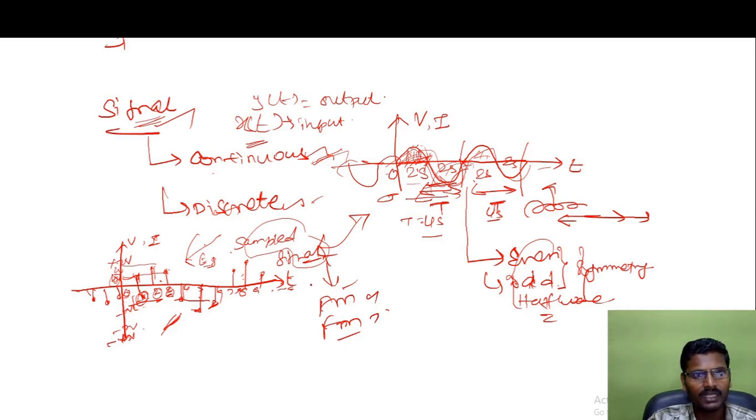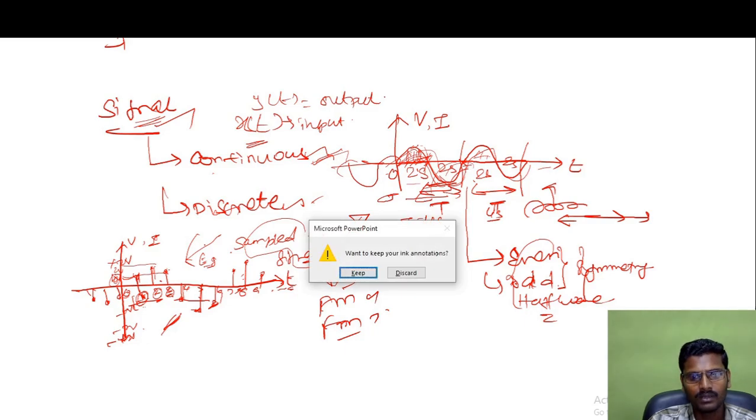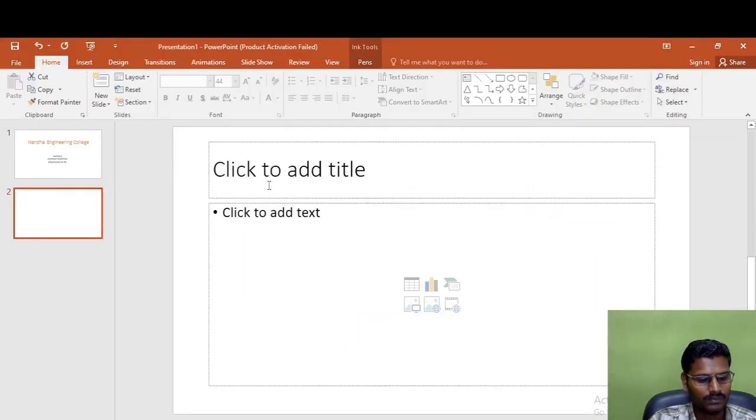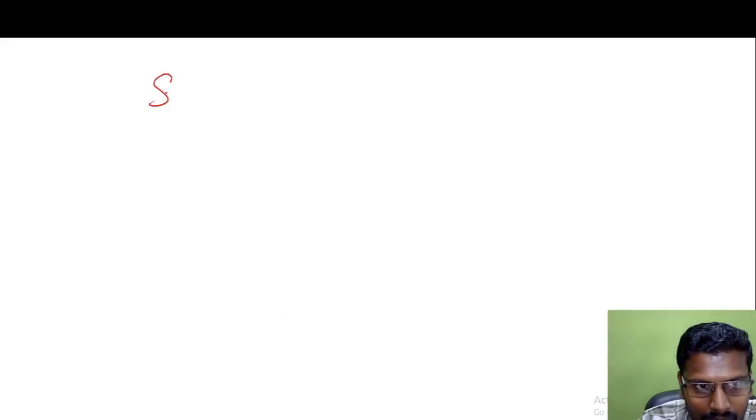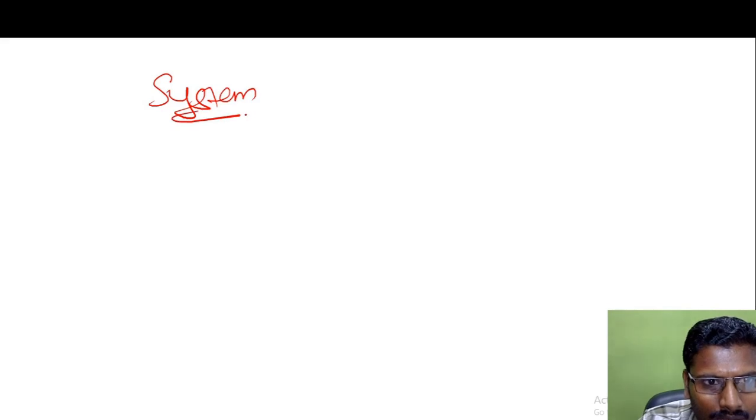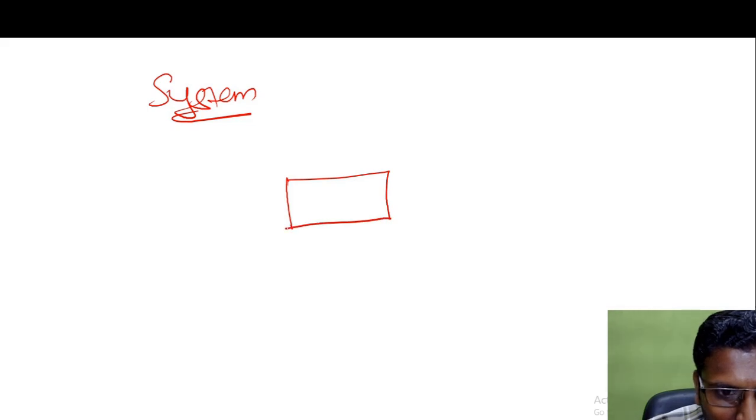Next we will see a system, right? So the definition for a system is, let us assume a box with one input and one output.